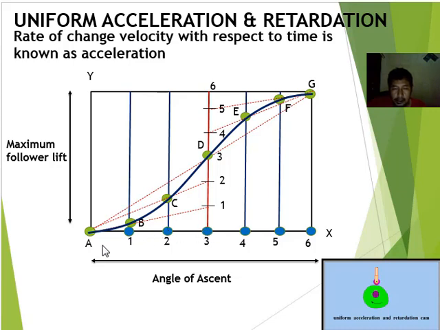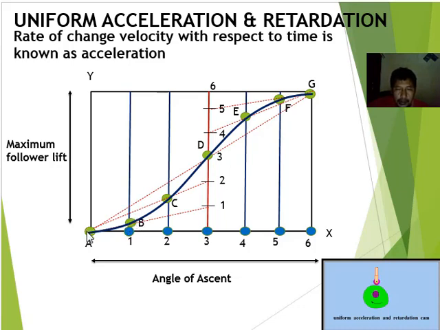After that, join the intersections of the lines. For example, for line 1, take the intersection with the angle of action 1, and now you can draw the knot at the B position.